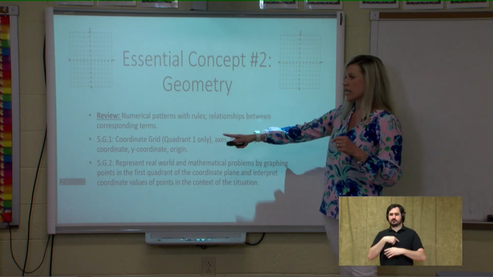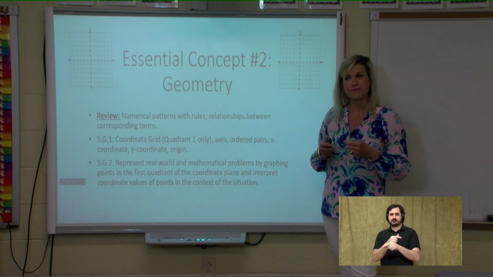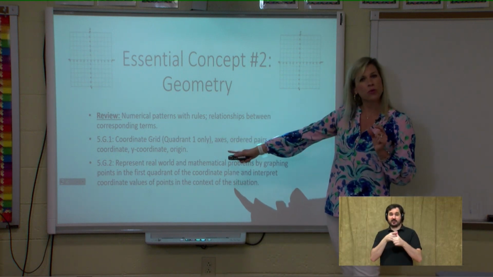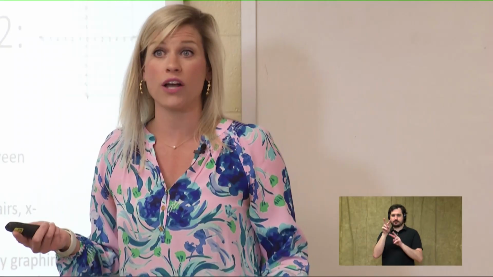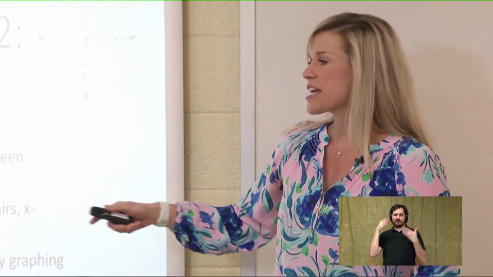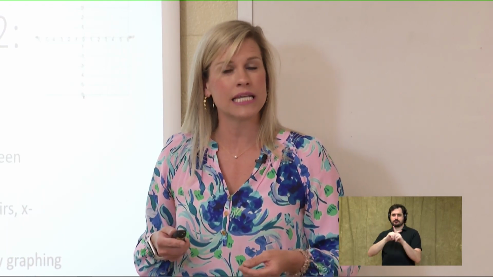The first standard we're going to look at is the coordinate grid. We're going to look at quadrant 1 only. When you're looking at a coordinate grid, there are 4 different quadrants. Today we're going to focus on quadrant 1. We're also going to look at the different words that go along with the coordinate grid, like axis, x and y, and origin.